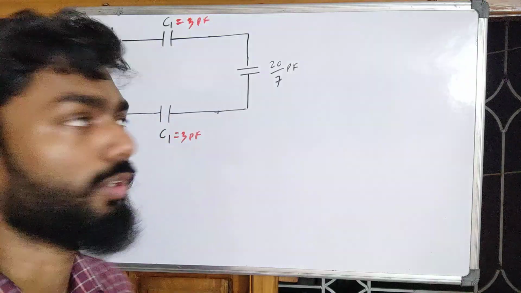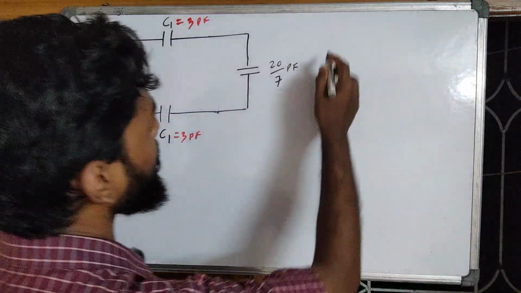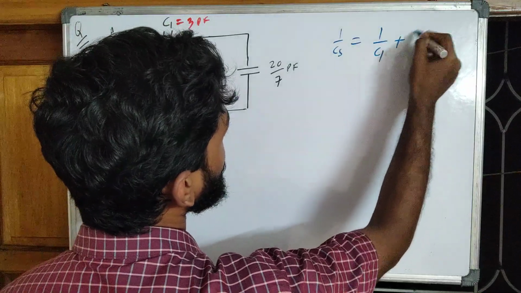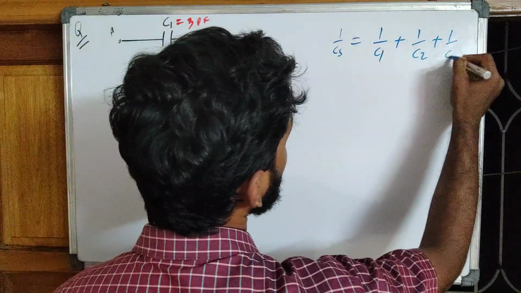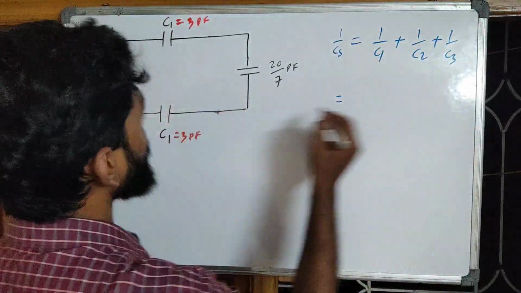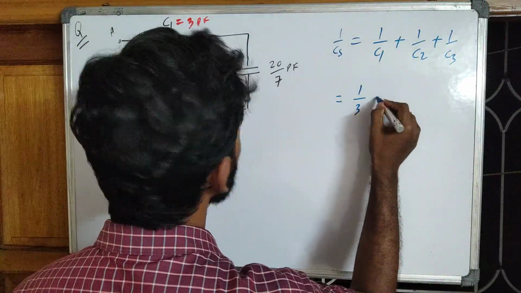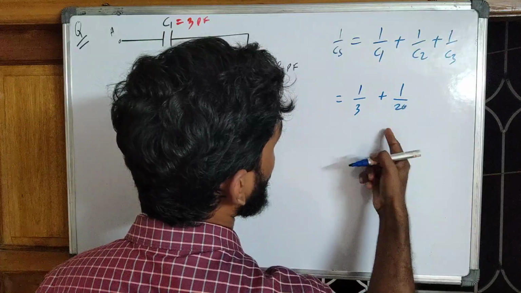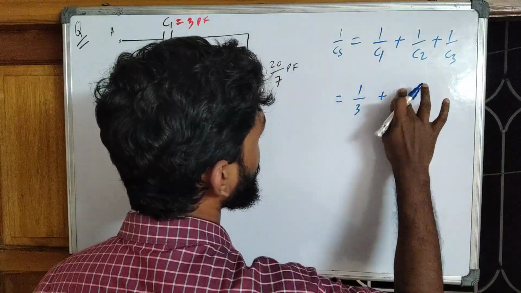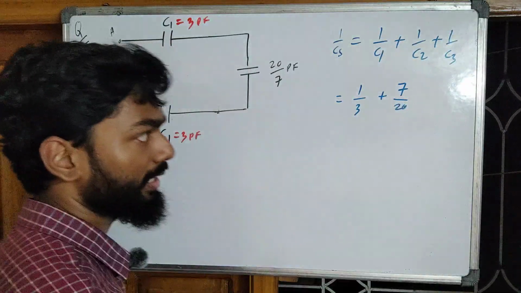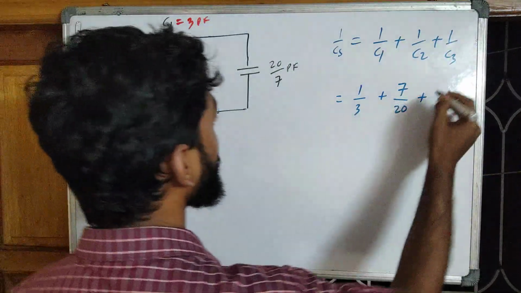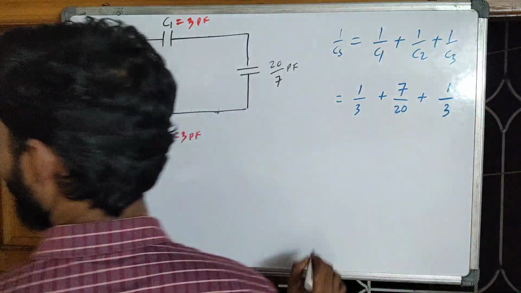So we can put the formula for series combination: 1 by Cs equals 1 by C1 plus 1 by C2 plus 1 by C3. So for C1 we have 1 by 3 plus 1 by 20 upon 7, so 7 will be at the numerator and 20 in the denominator. C3 is 1 by 3.